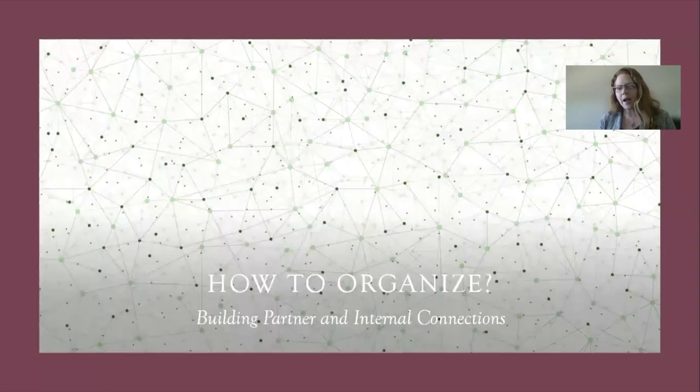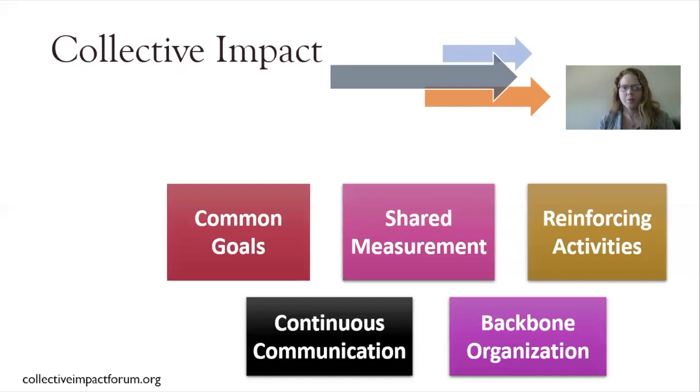So with that, how do we start to organize all these large groups to have impact? So we're going to talk about building partners as well as internal connections. So you can think internally how to structure and with outside partners. For this, I'm going to use a theory that's based out of Stanford Social Science Review, and they have an organization called Collective Impact Forum.